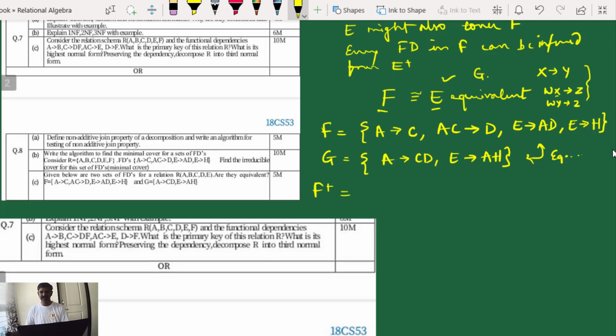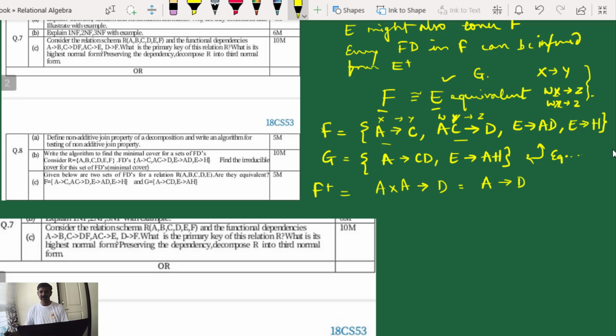We have WY arrow Z and X arrow Y, so you can replace this Y, that is C, by A. A is A itself, so we get A arrow D. From these two functional dependencies we derived A arrow D.